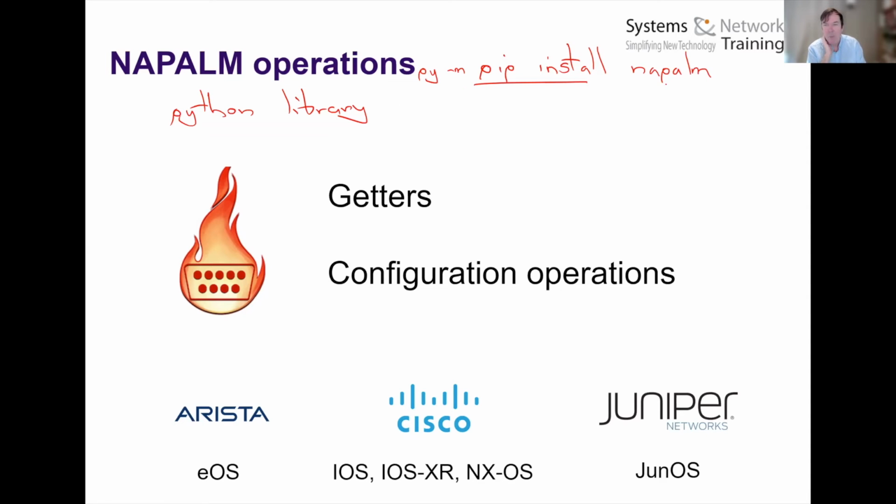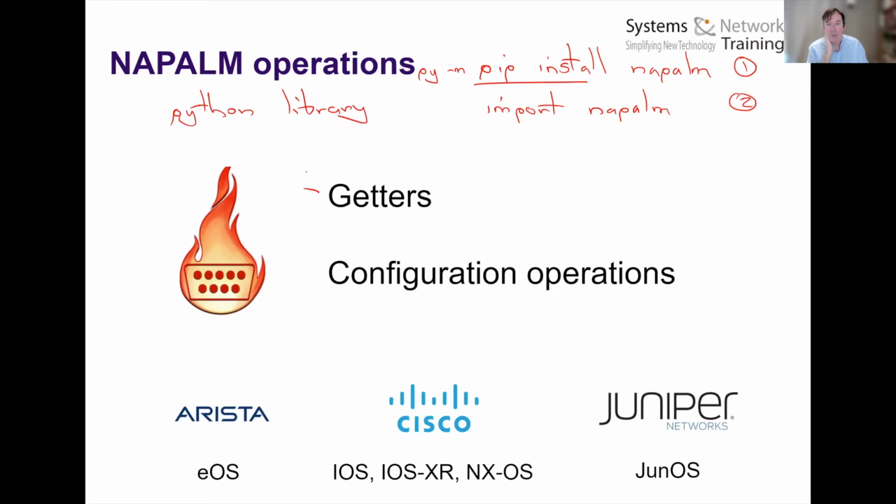So pip install napalm, and then you'll have to do an import napalm. That's always the 2 steps: step 1, do a pip install of whatever library, and step 2 is we import it.